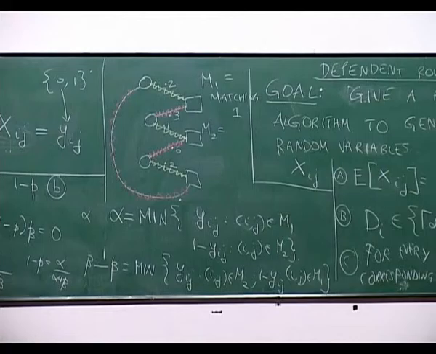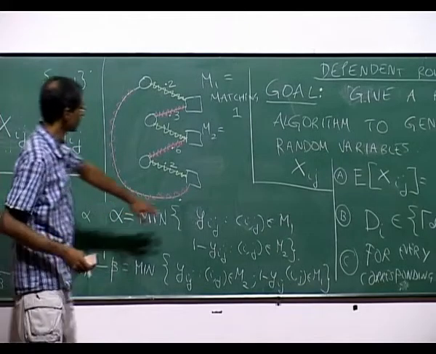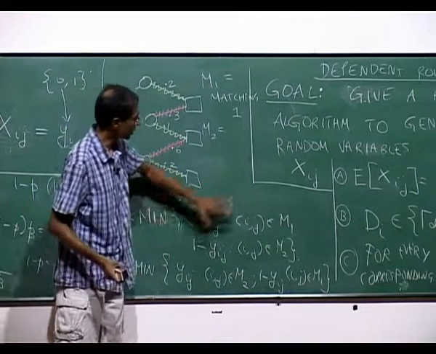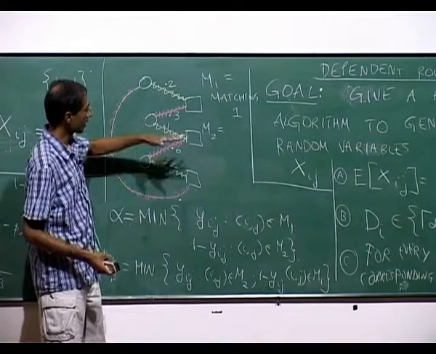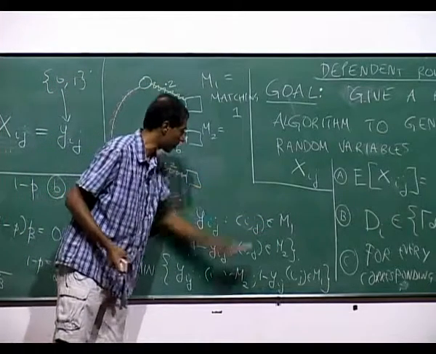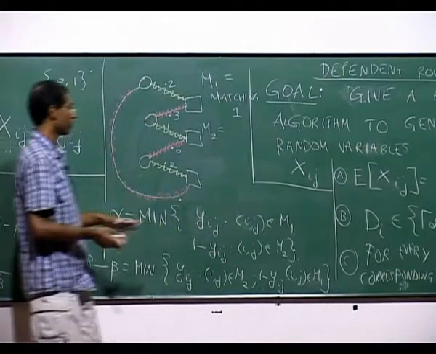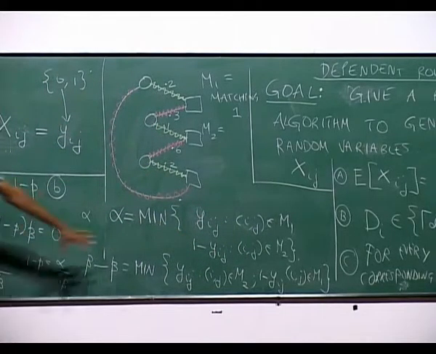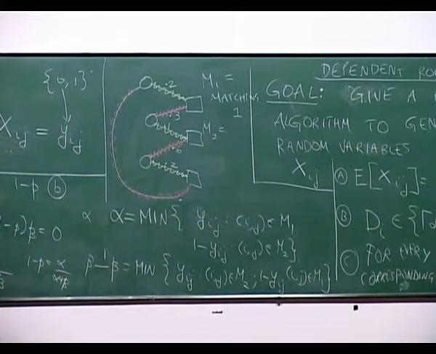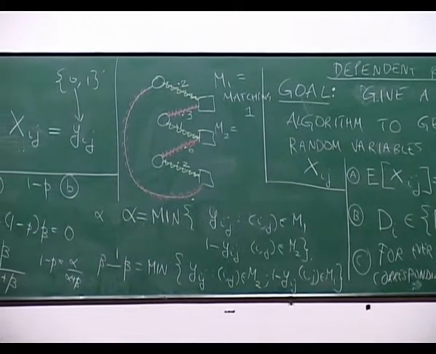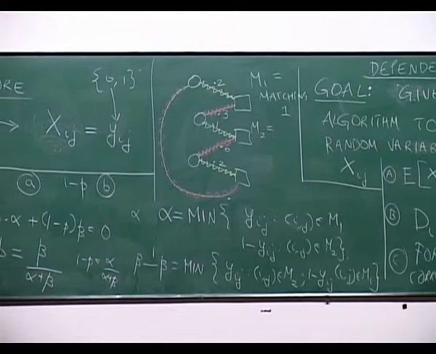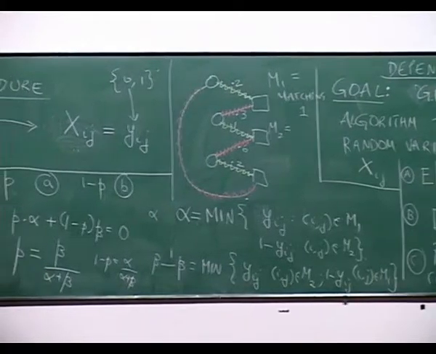Okay, so I find the smallest number such that if I decrease all the edges in M1 and increase all the edges in M2 by that amount, one of the numbers becomes either 0 or 1. This is the opposite: either I decrease all the edges in M2 and increase all the edges in M1.